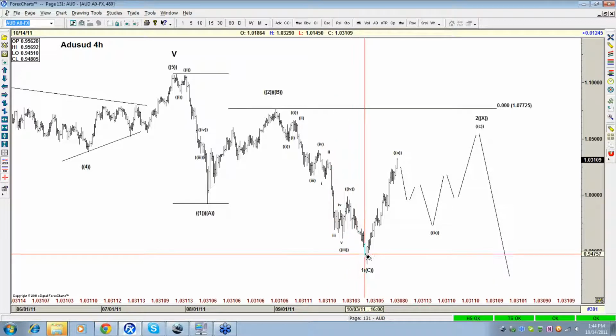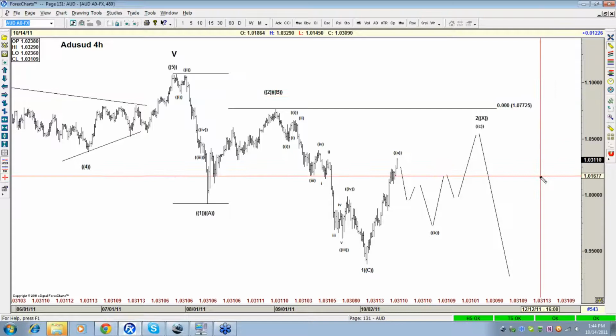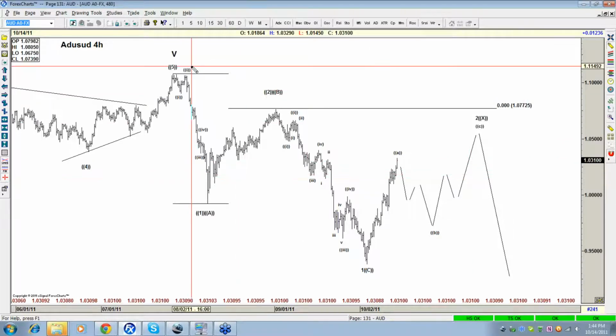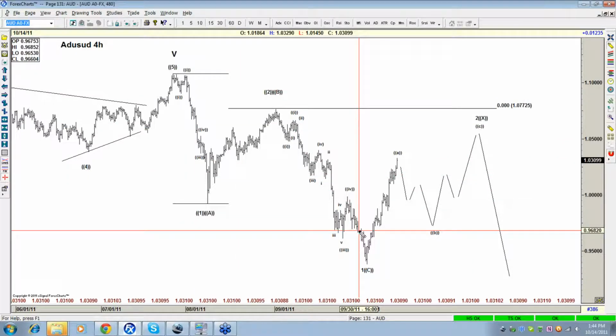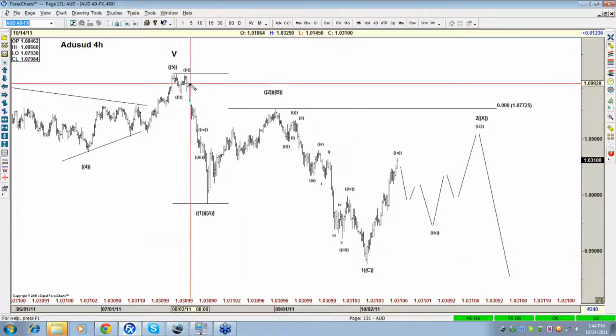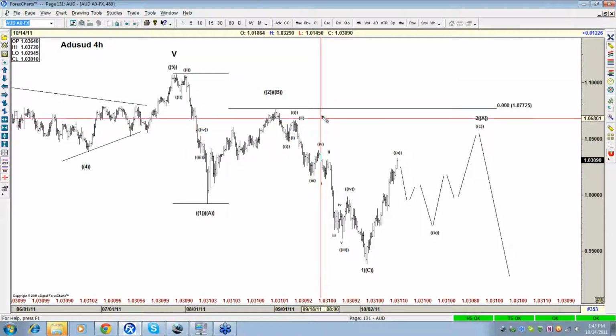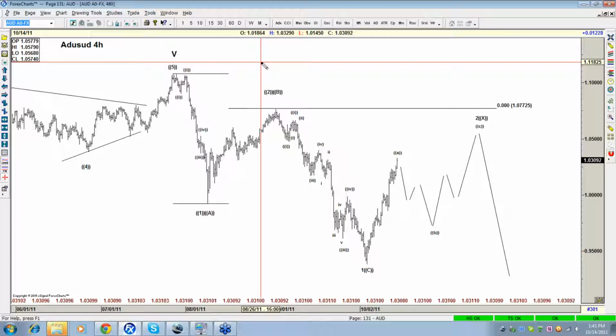So far, I'm not ready to tell you that Aussie is going to go to 115, like people are saying.